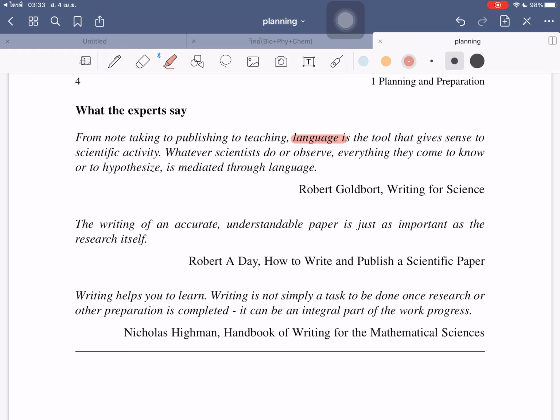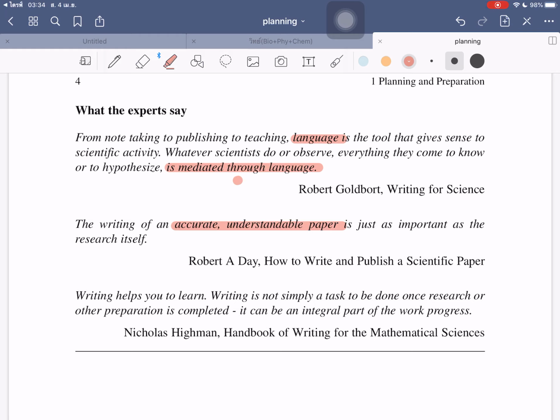Whatever scientists do or observe, everything they come to know or hypothesize, is mediated through language. So language is important to all kinds of things, and you need to be accurate and understandable in your paper. This is the importance of writing the research.